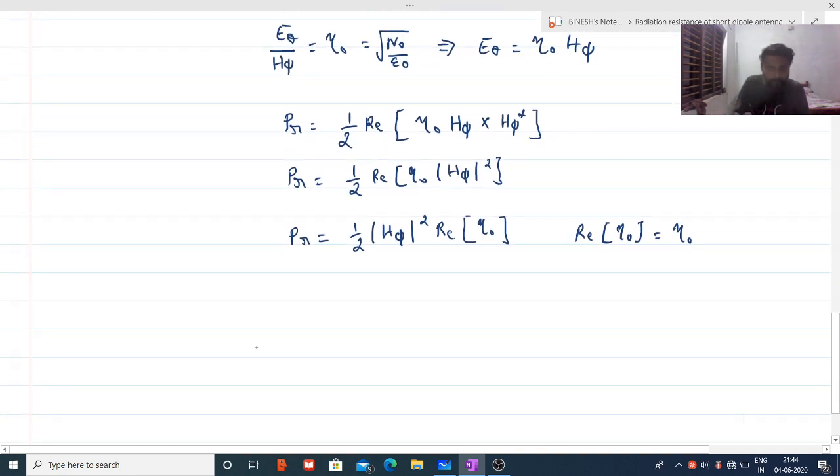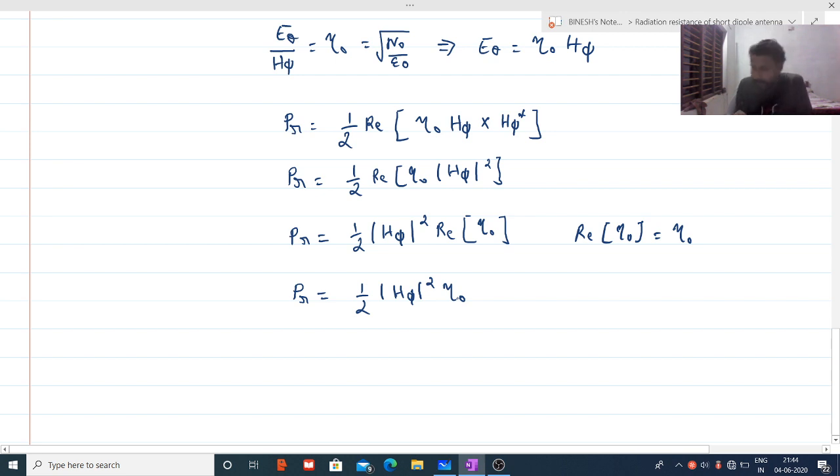PR equal to 1 by 2 into H phi square into real part of eta naught, which is eta naught.